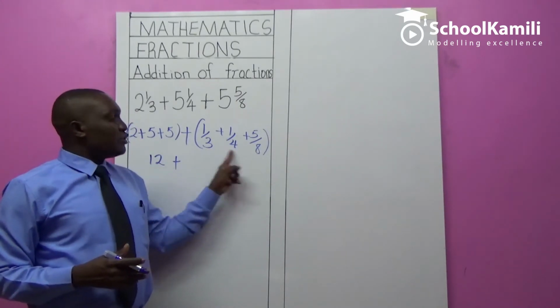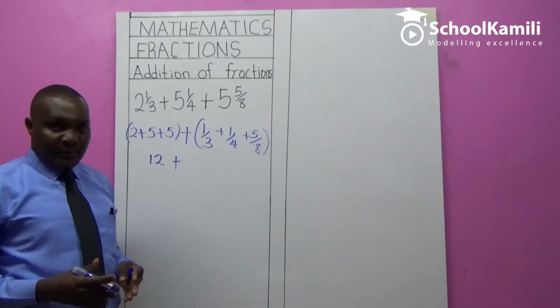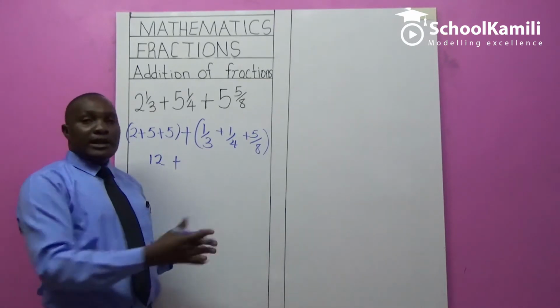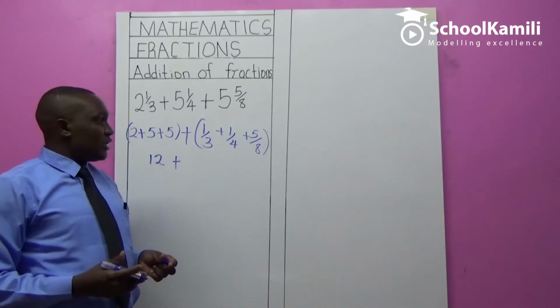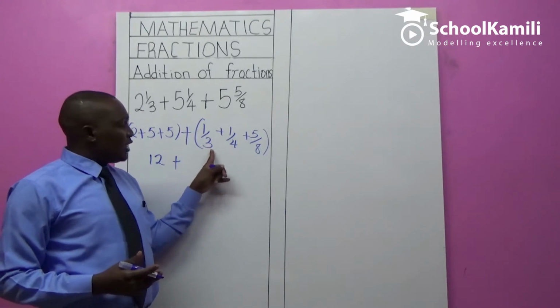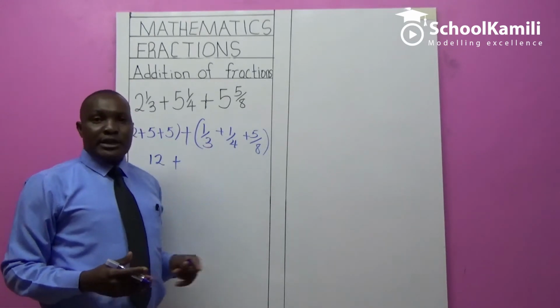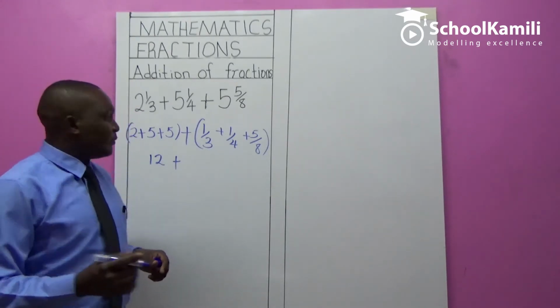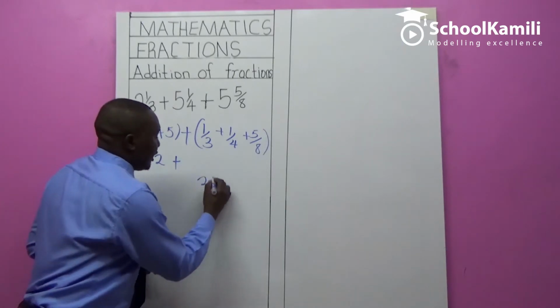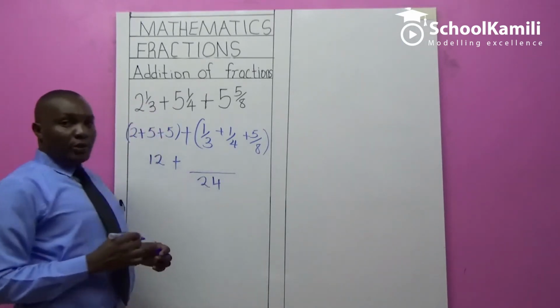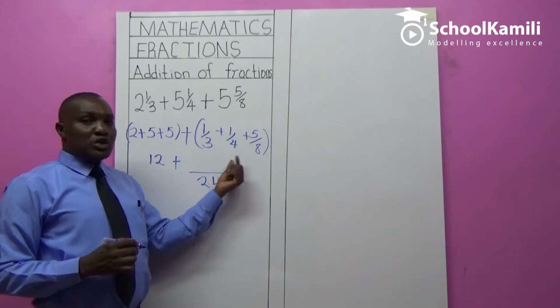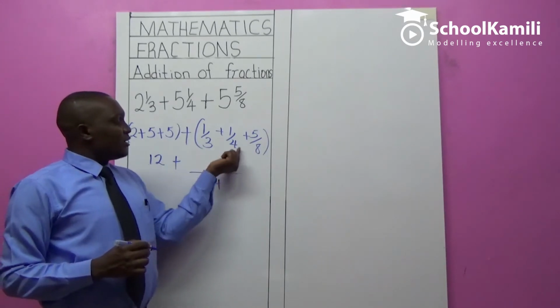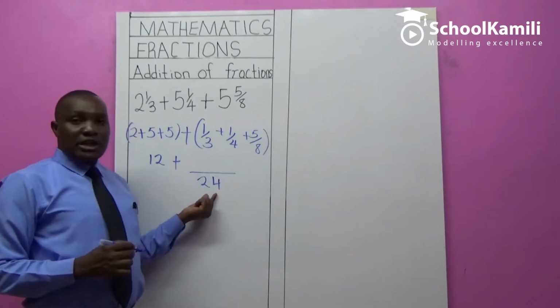Find the LCM. We don't want to go back to get the LCM because you already know these things. You already know that the LCM of 3, 4, and 8 is 24. So you add the fractions using the LCM, which is 24.